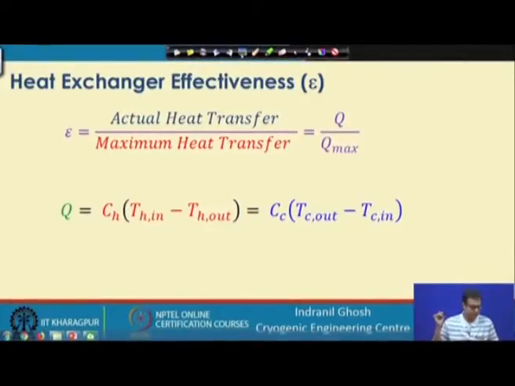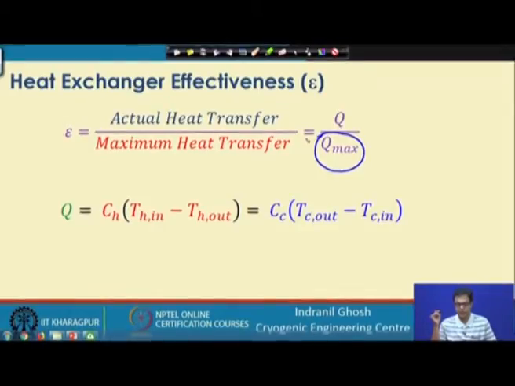So, this is the actual heat that is getting transferred. What we need to now look at is the maximum heat that can be transferred in this process. How to estimate this maximum heat transfer?